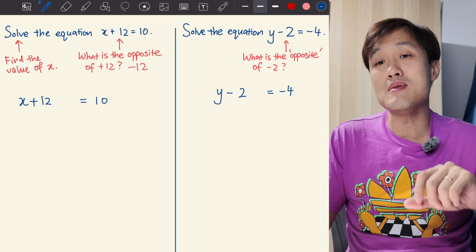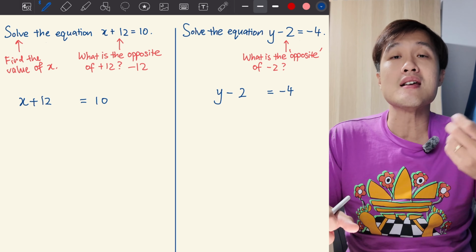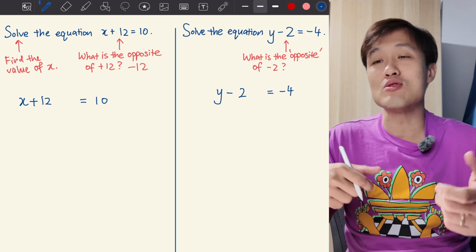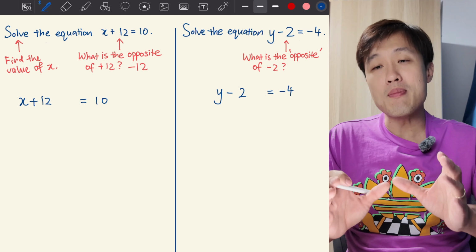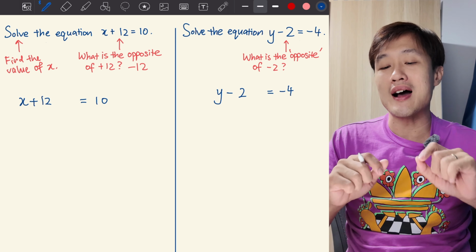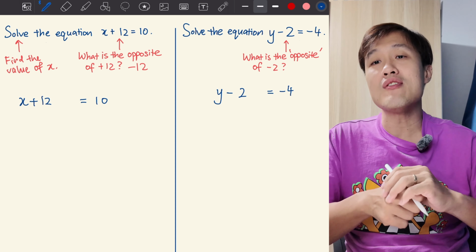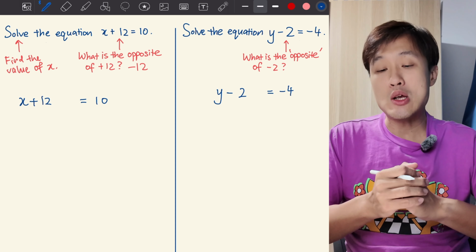For it to be balanced means both sides are equal, which means in number sense it is 5 equals 5, 8 equals 8, and 10 equals 10, and so on. So it has to be balanced, and so there's only that one value that I replace the x with, and it will make both the left hand side and right hand side equal.